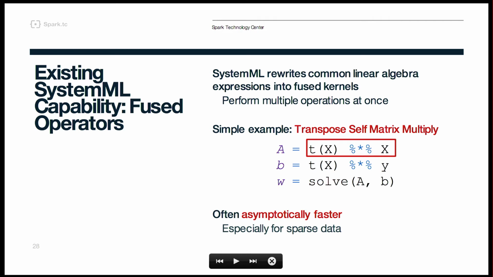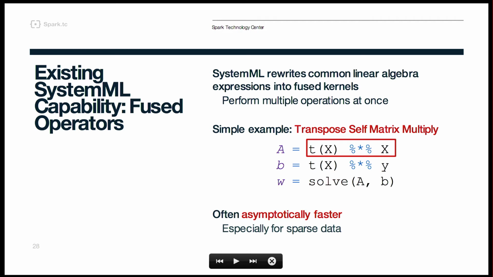It turns out you can compute the value of this expression in a single pass without materializing that intermediate result. And SystemML includes a fused kernel and will pattern match and use that fused kernel to make this operation go much, much faster, particularly in cases where X is stored striped across multiple nodes.